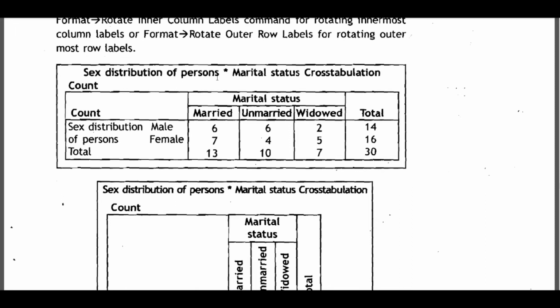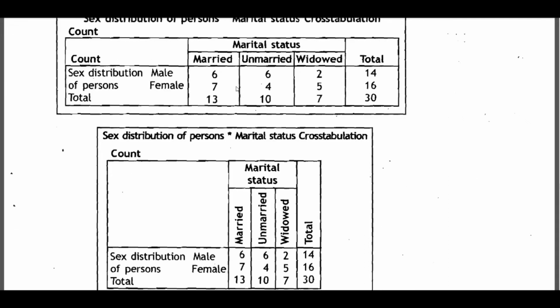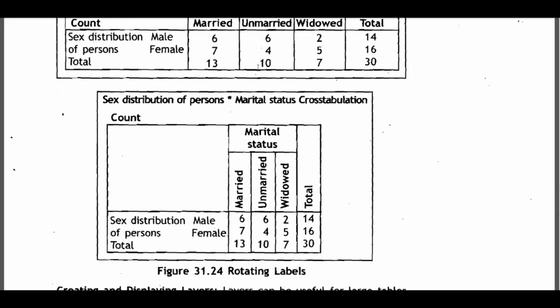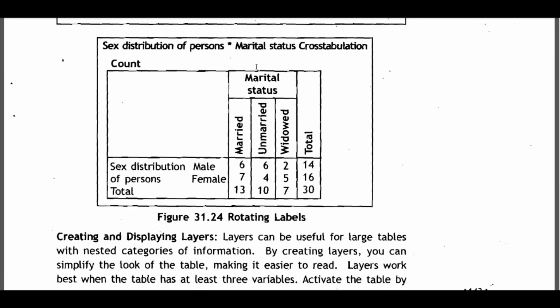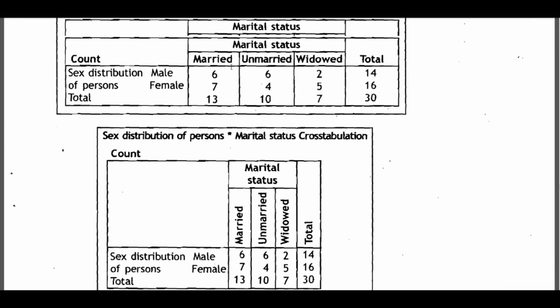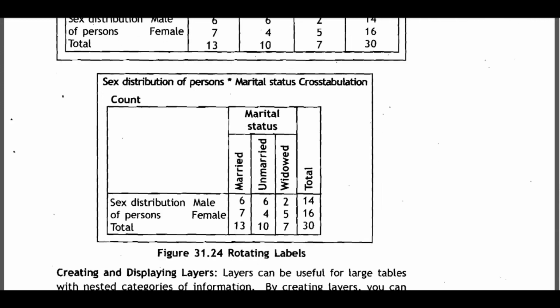Here is the distribution of persons by marital status, a cross tabulation count. So this is the way it has been. Male, cross tabulation has been. Rotating the labels, just rotating the labels here. It was horizontal like this, and this becomes vertical.